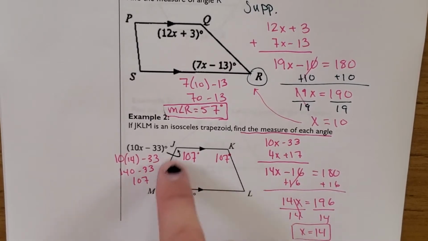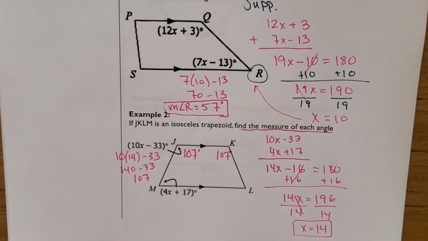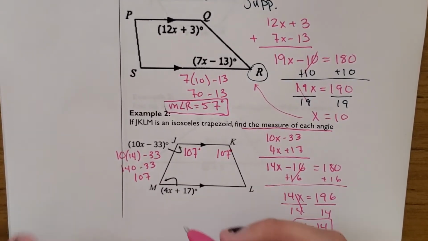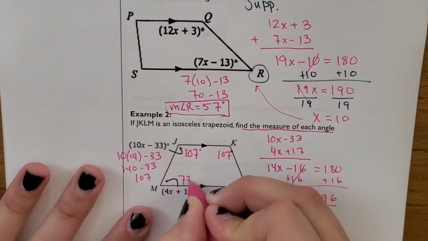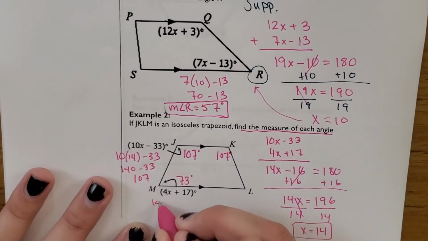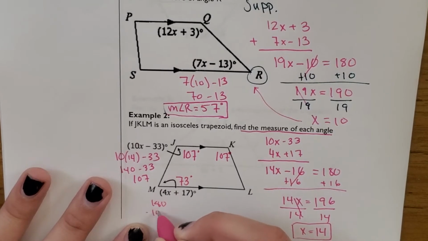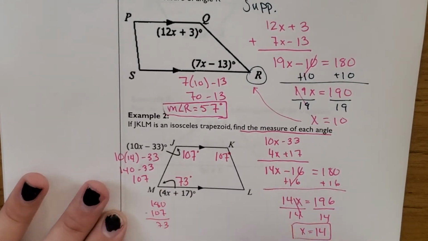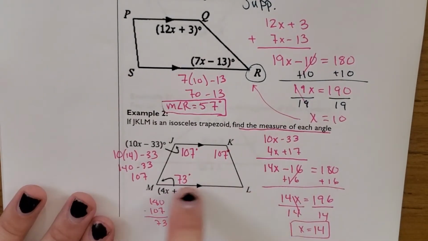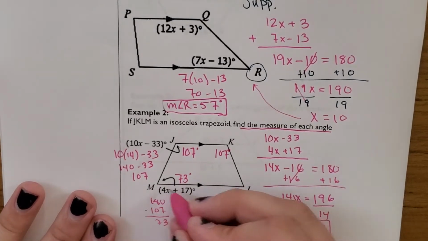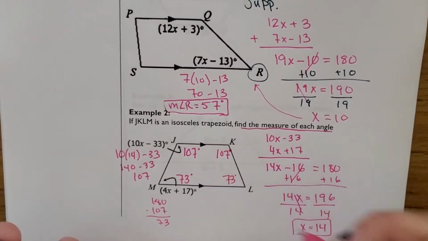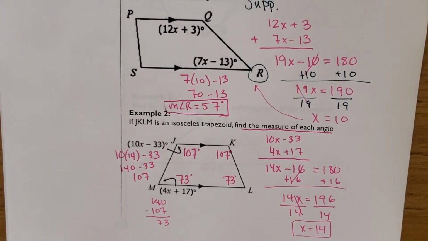We know that these are supplementary, so what number would you add to 107 to get to 180? Well, I know that's going to be 73. Again, if you need to see that written out, it was 180 minus 107 gave me 73. M and L are base angles because they make a base together. So if this is 73, this is 73. And there are all four angles found.